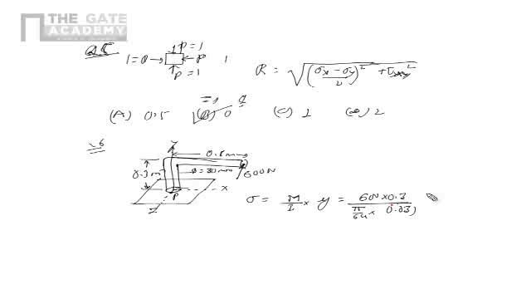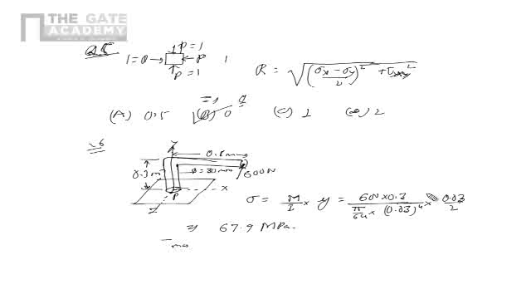D is 0.03 meter, into Y is d by 2, so 0.03 by 2. If you solve this equation, you will get sigma as 67.9 MPa. So this is the maximum bending stress or the maximum normal stress.